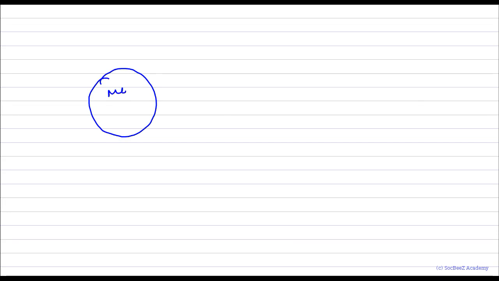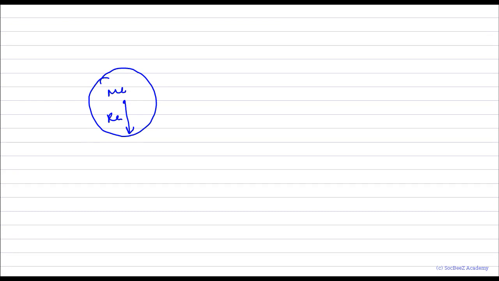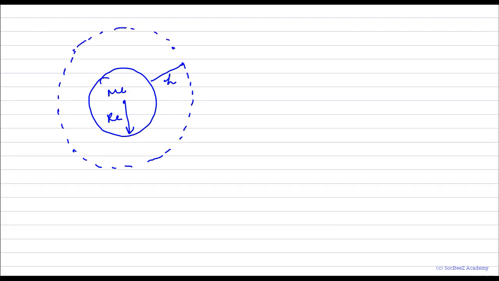Let us talk about the orbital speed of a satellite which is at a height h from the surface of the Earth. Let's say this is my Earth, of mass Me and radius Re, and I have my satellite at a height of h from the surface, revolving around the Earth at a radius of Re plus h.